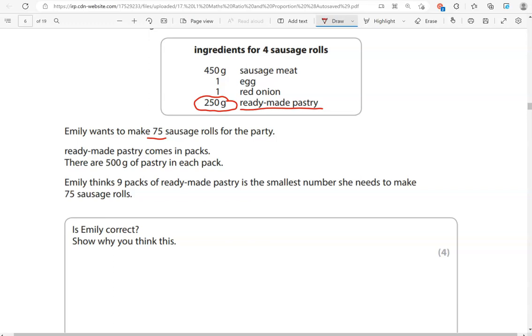So the ratio of weight of ready-made pastry to the number of servings is 250 to 4. She needs to make 75 sausage rolls.